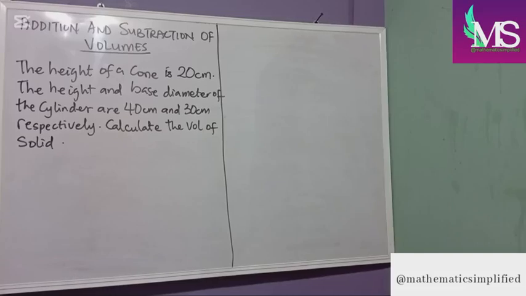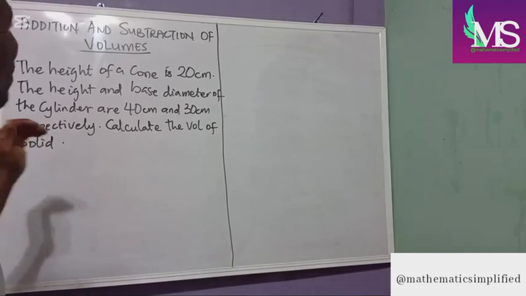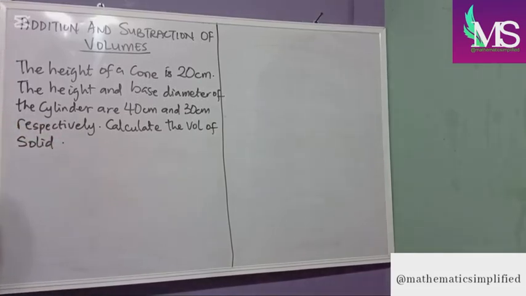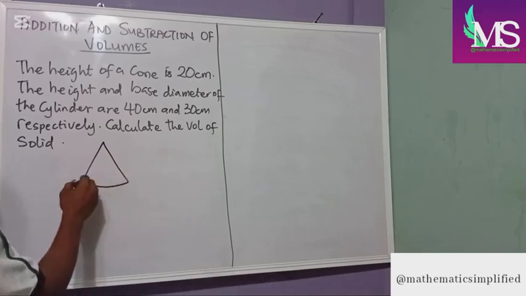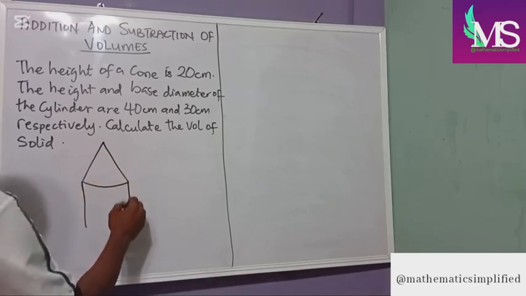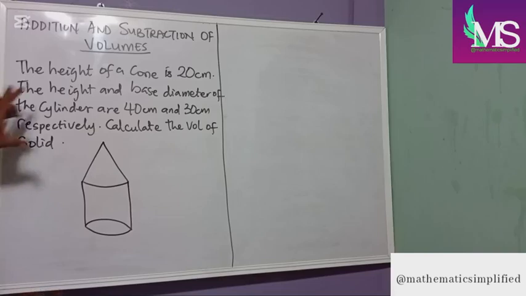Our question 1 says, the height of a cone is 20 cm. The height and base diameter of a cylinder are 40 cm and 30 cm respectively. Calculate the volume of the solid. Now, if we have a cone and a cylinder, this is what the statement means.